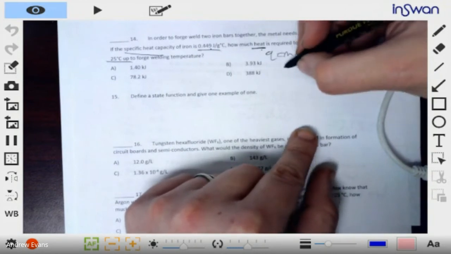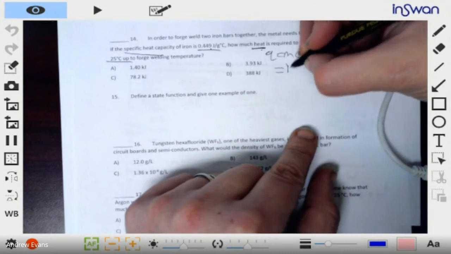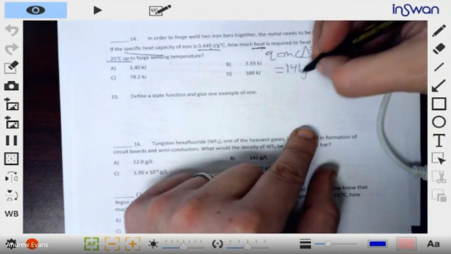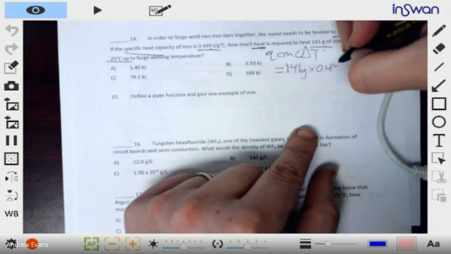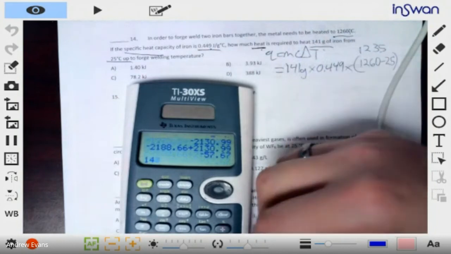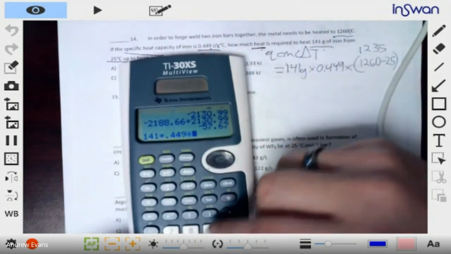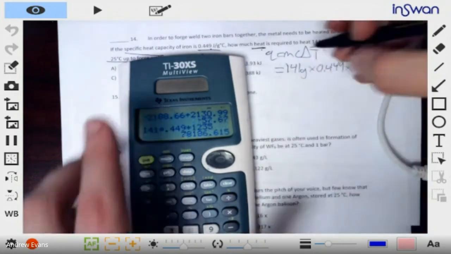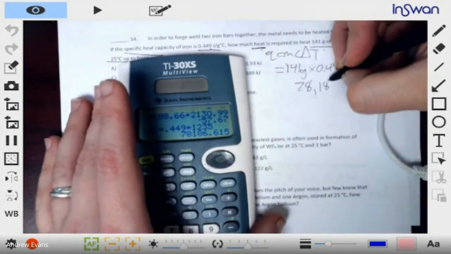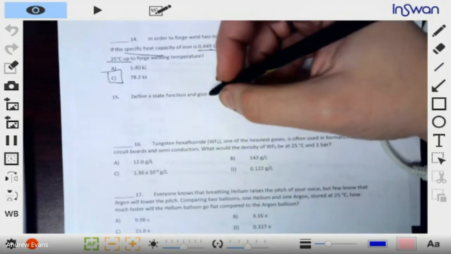So we are trying to solve for heat, Q. We have 141 grams, heat capacity 0.449, and our change in temperature from 25 degrees to 1260, so that's 1235 degrees. 141 times 0.449 times 1235, you get something like 78,186 joules. To turn this into kilojoules, divide by 1,000, and you'd get the answer C.